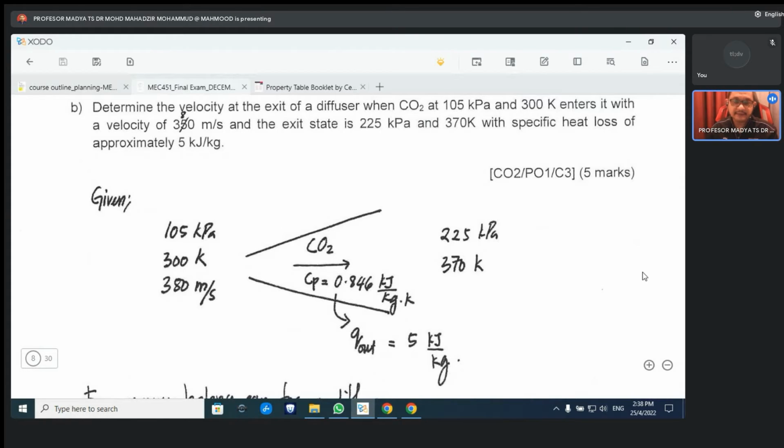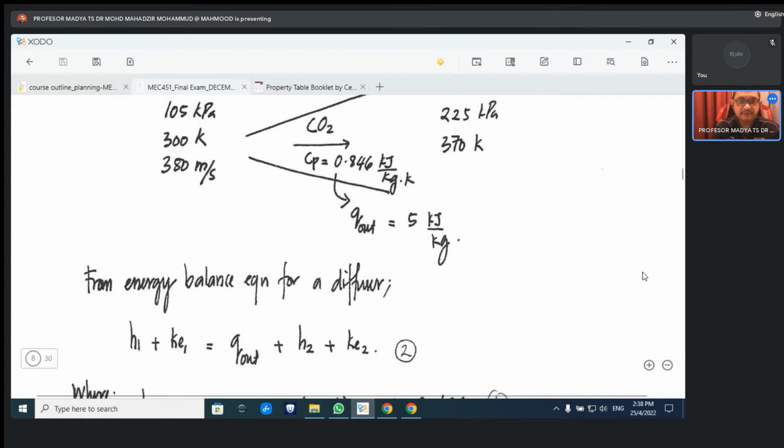That is one of the simplest ways to solve these problems. Okay, so it shows all the values here. We start with the energy balance equation for the diffuser: H1 plus KE1 is equal to Q out plus H2 plus KE2.